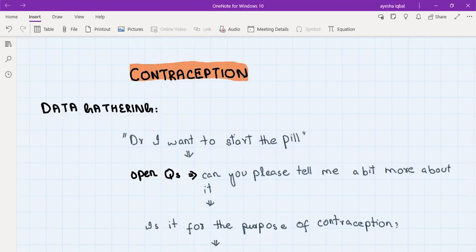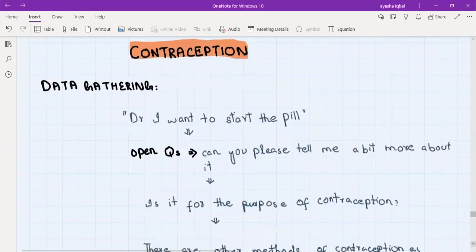If you want to start the pill, is it for the purpose of contraception or is it for some other reason? Because there are other reasons for starting combined oral contraceptive pills as well. Some ladies who have irregular periods or painful periods might have done some research or heard from their friends and might want to start the COCPs.